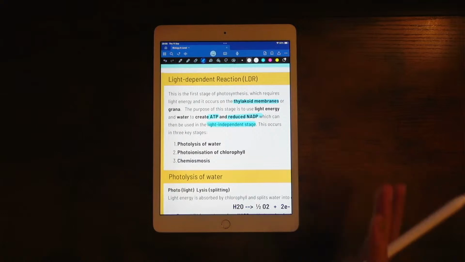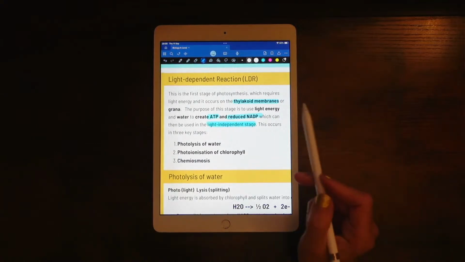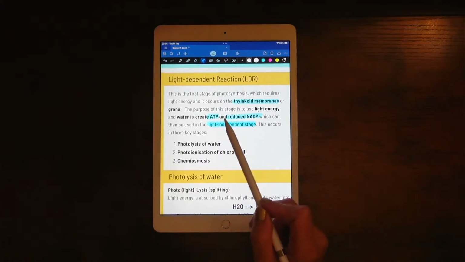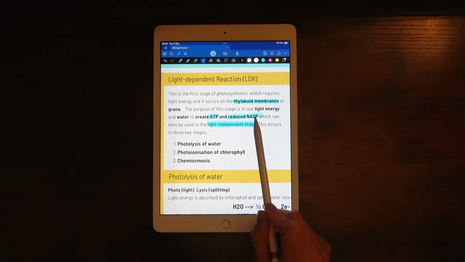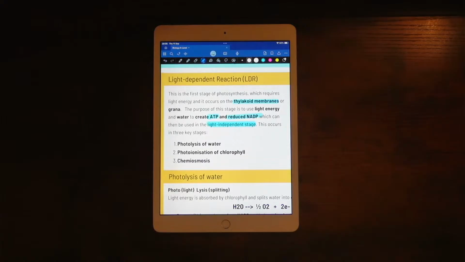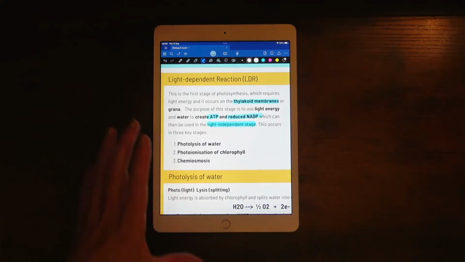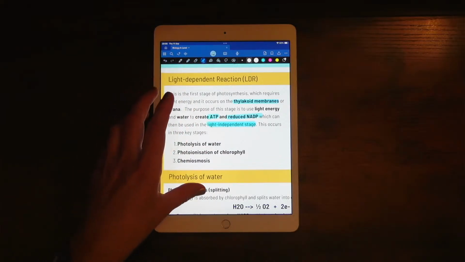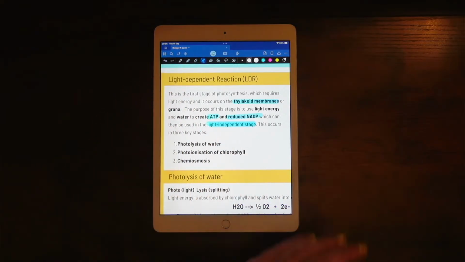So that's the second stage in photosynthesis. So this stage uses light energy, and that contributes to the creation of ATP and reduced NADP. And if you haven't come across that yet, that is a coenzyme. And coenzymes in photosynthesis and respiration, they pick up molecules, usually hydrogen, and then they can deliver it to a later stage of the reaction.